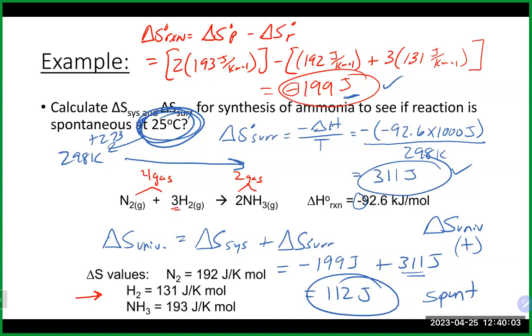Any questions on that? When you calculate the delta S of the universe, if you have enough information to calculate it and it is positive, then it is a spontaneous reaction, and vice versa. If it's negative, it would be a non-spontaneous reaction. Other questions? All right, I think that's a good place to wrap up.